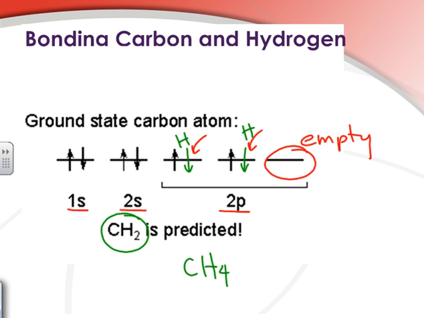Well, if we look at my electron configuration, where am I going to get 2 extra electrons for these 2 extra hydrogens to bond to? The hydrogens can't bond here because that's already full. Sure as heck isn't going to bond in the 1s because that's not even a valence electron. So what happens?